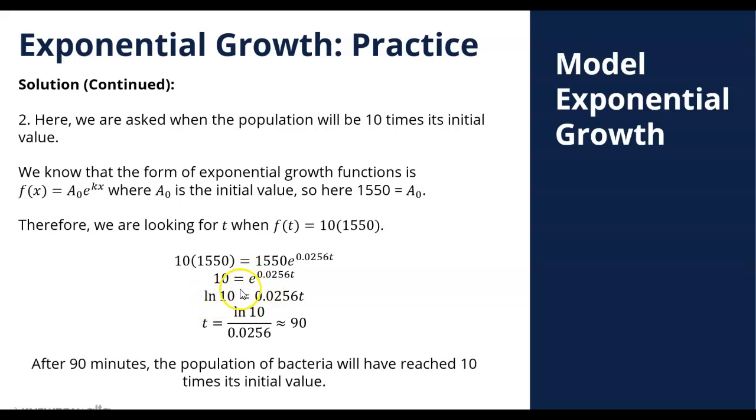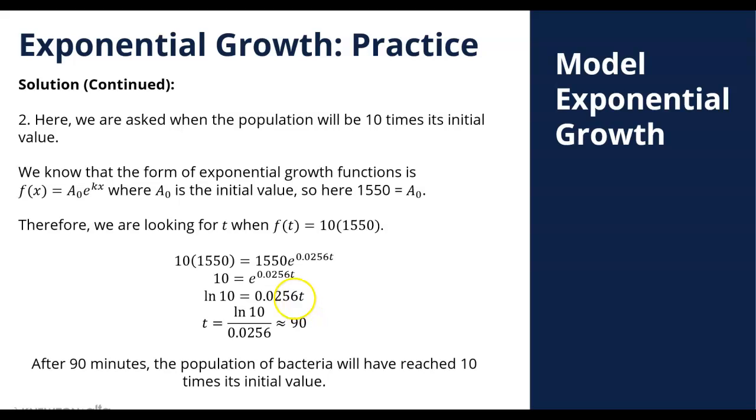So getting the ln on both sides, we have ln 10 is equal to, you know that ln e is just equal to 1. So if you have ln of e to the 0.0256t, that is just equal to 0.0256t.